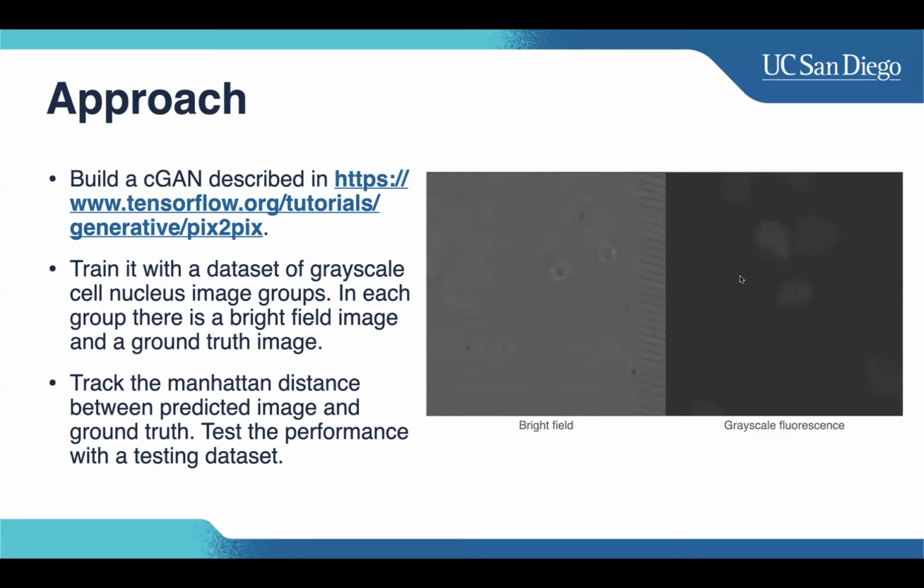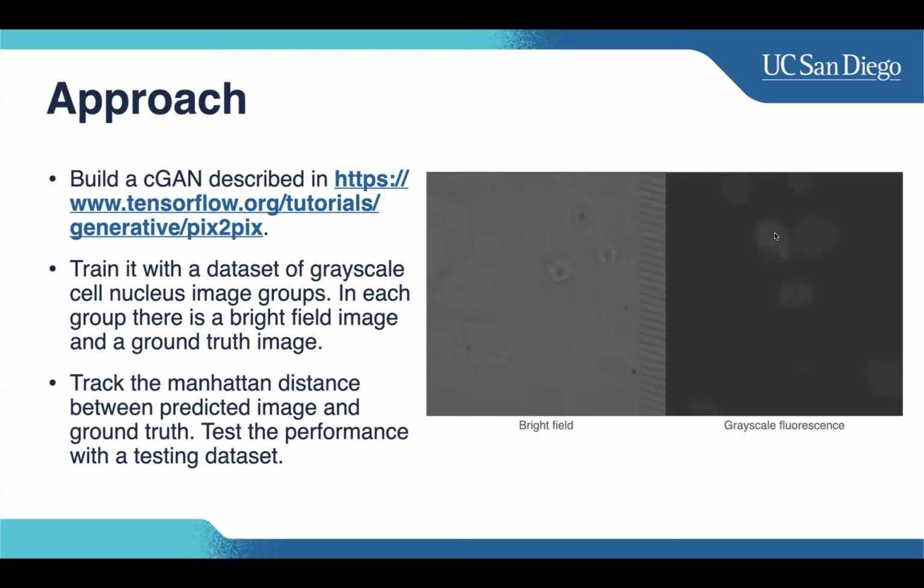And I can track the Manhattan distance between the predicted image and the ground truth to see quantitatively how real the generated image is.